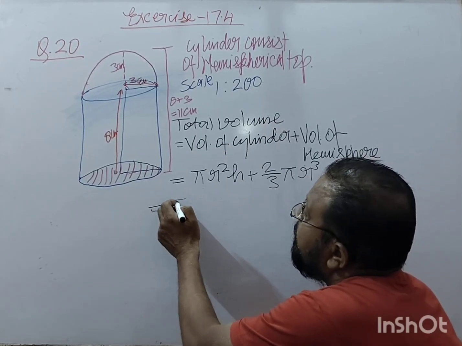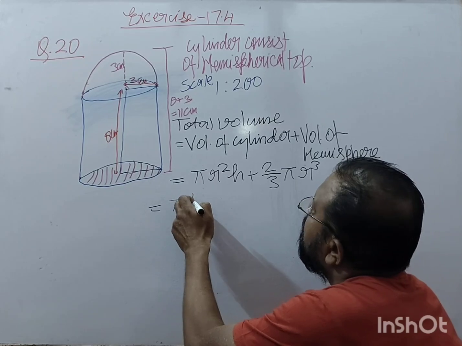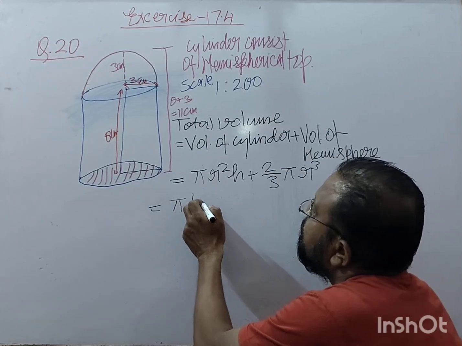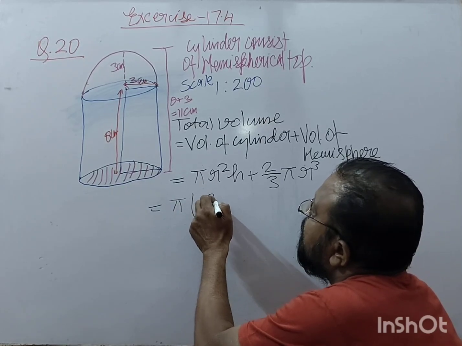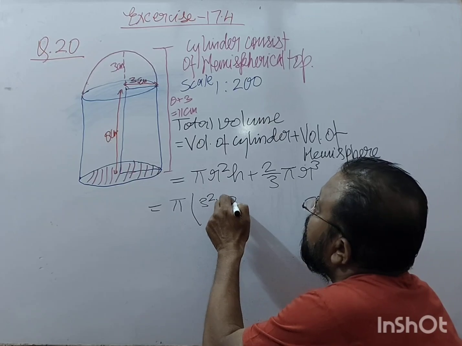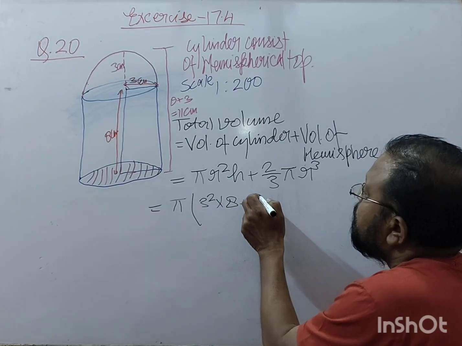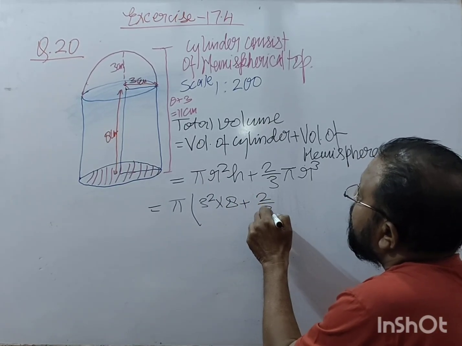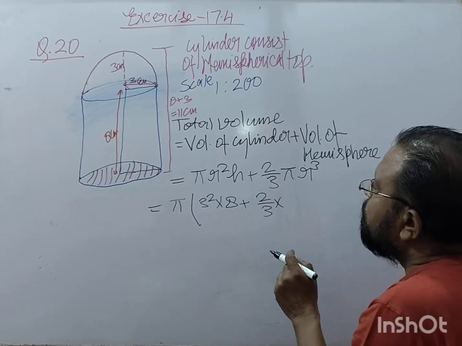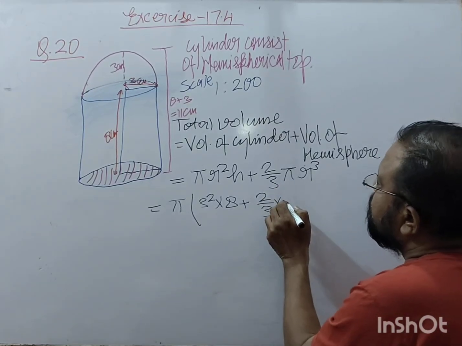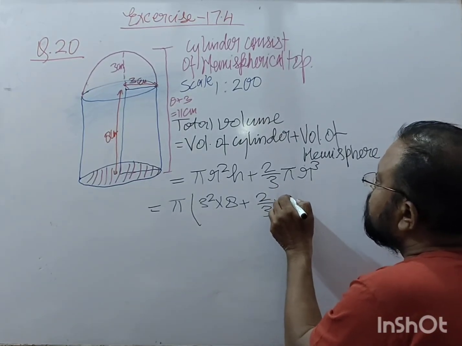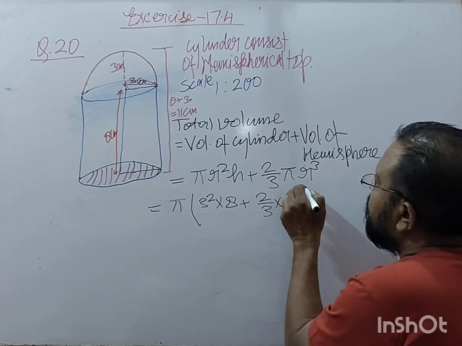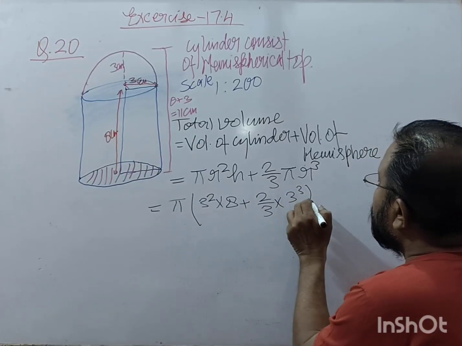If I take pi as a common, it becomes 3 square into 8 plus 2 by 3 into 3 cube, right?